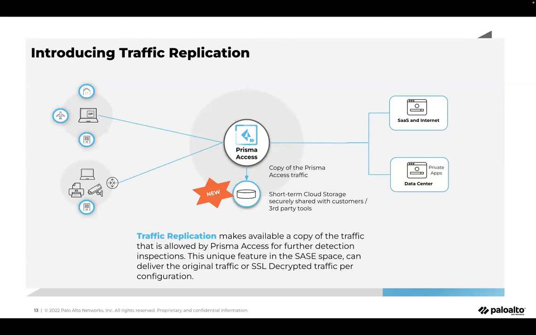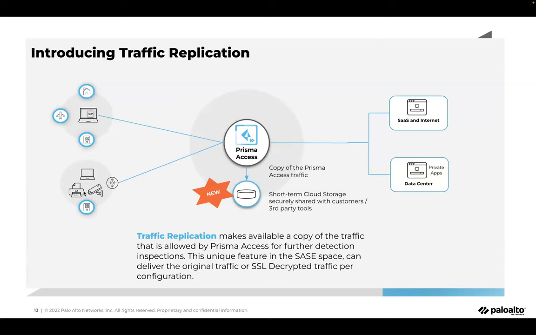I'll double click a bit on how we are offering this copy of the traffic, right? So in this diagram, I have on the left-hand side, right, all the combinations. I might have users, right, sitting in airports, at home, in the office.